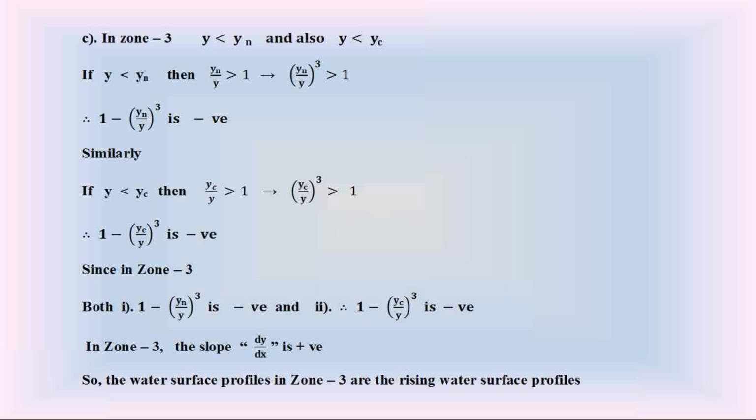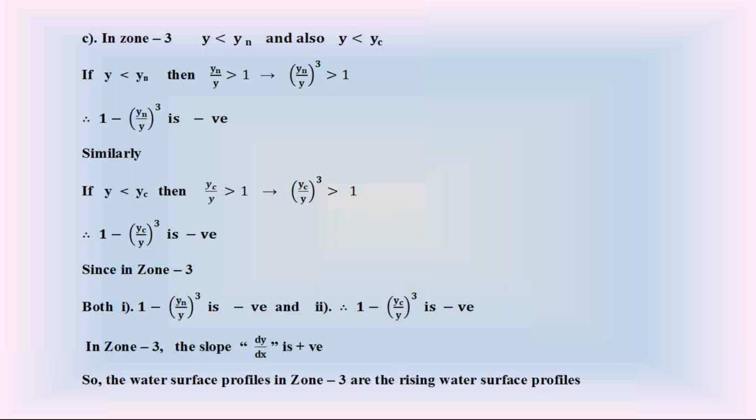At zone 1, the slope dy by dx is positive, so the profile is a rising water surface profile. In zone 2, the slope dy by dx is negative, so the profile is a falling water surface profile. In zone 3, the slope dy by dx is positive, so the profile is a rising water surface profile.